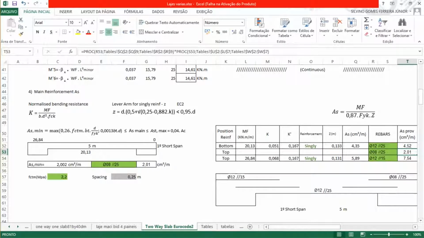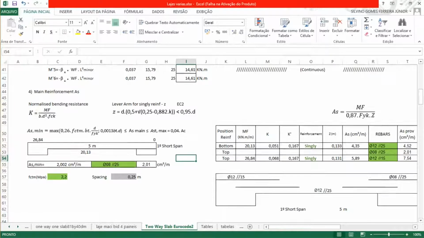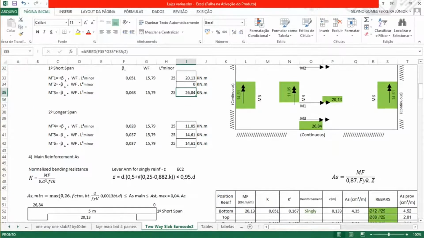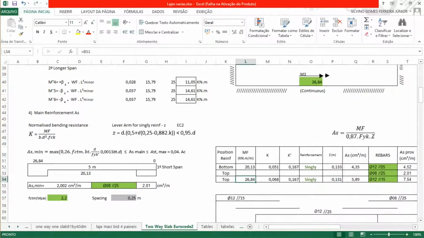And since it's for negative moment, it will be on the top that we put another on this side where we calculated this moment, 26 here. So on this corner, on the top, this reinforcement.